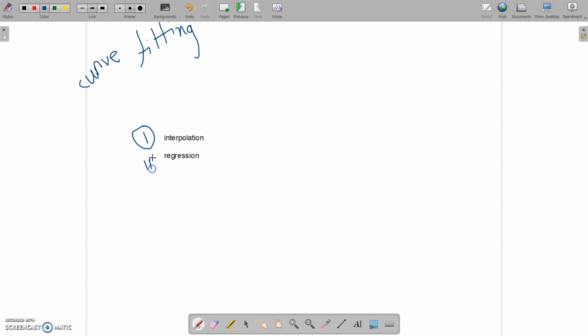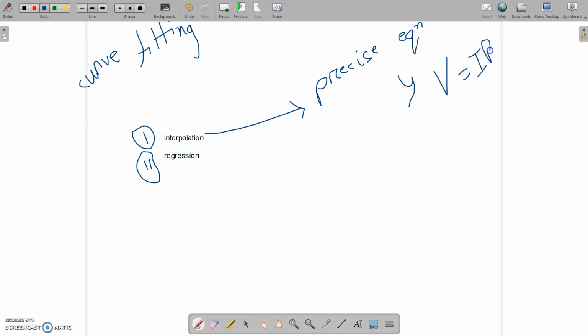So what is the difference? Interpolation is used when the data is much more accurate and you can find a precise equation for it. This scenario occurs in scientific equations, for example V = IR, or F = G m1 m2 / d squared, because these things are fixed and only d is not fixed.